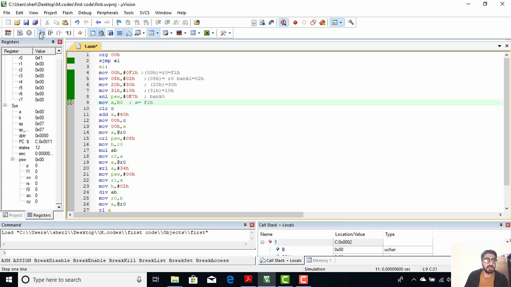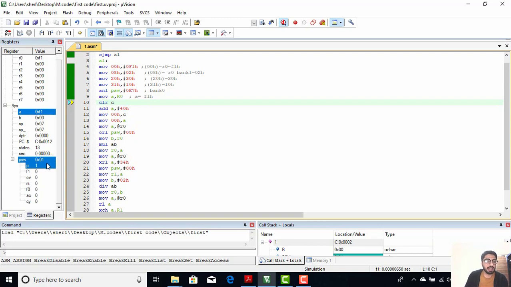And if you see here, it took the same value, and as you notice here, the parity of the program status word went to the value 1, which is related to the number of ones in the accumulator. Since it's an odd number of ones, the parity is 1, otherwise it's 0 when it's even.